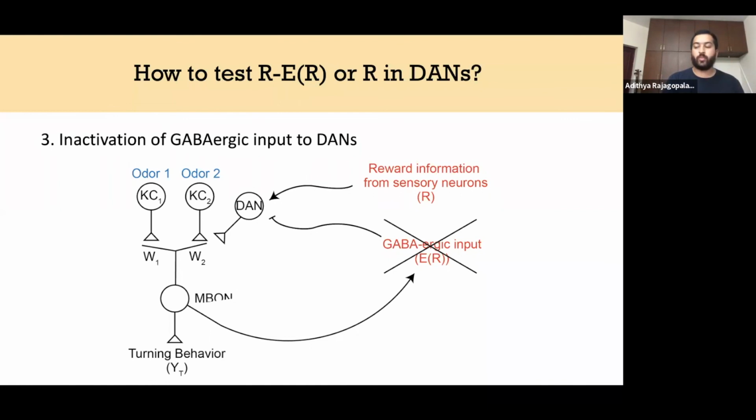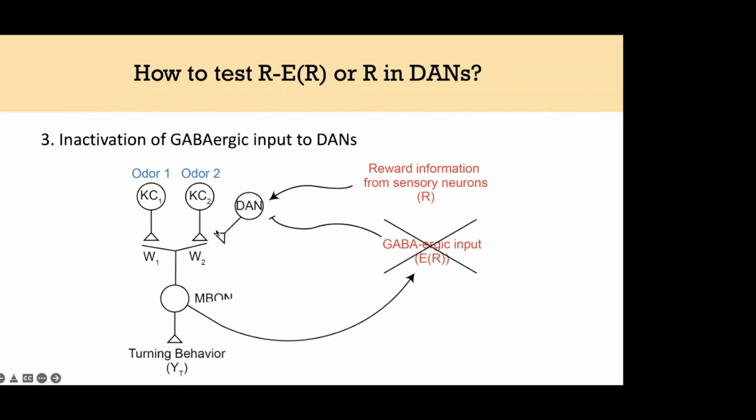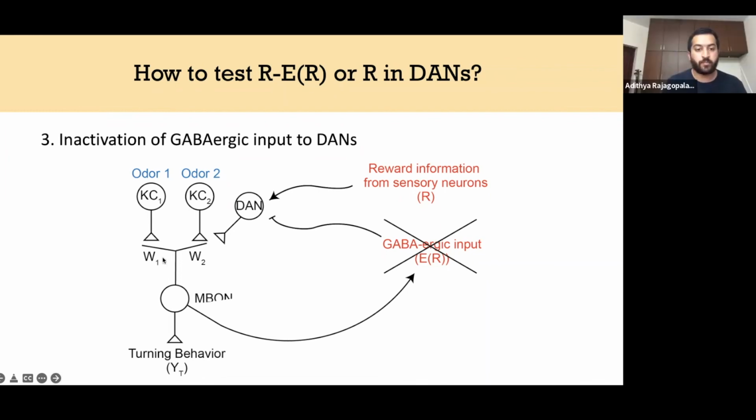And so one thing that we are considering that could potentially distinguish between these two options is, when we do the dopamine imaging, rather than recording the calcium from the dopamine neurons, because we would only record from the axons and not the cell bodies, we could record using a dopamine sensor that was expressed in the synapses of the Kenyon cells or the mushroom body output neurons.